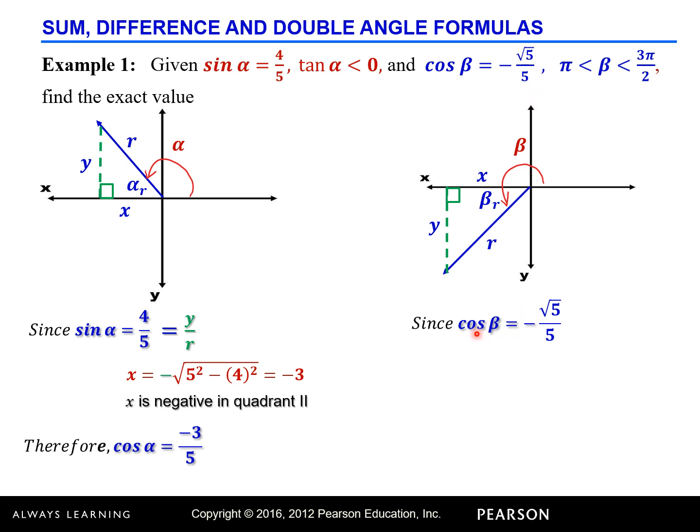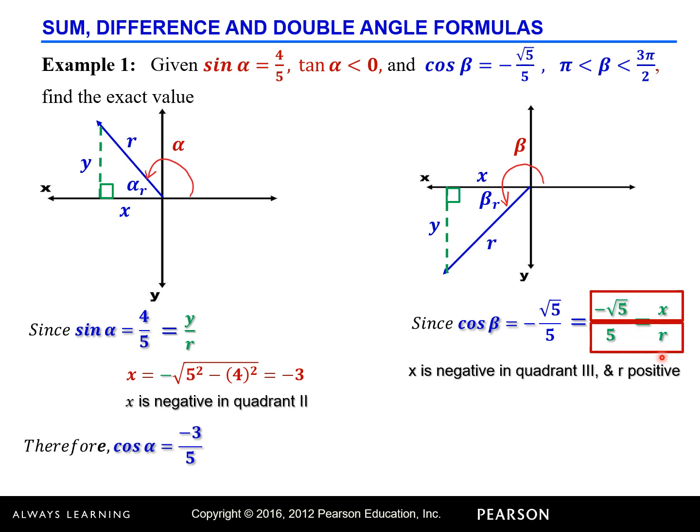By the definition, cosine beta is x over r. So I have to put the negative in the numerator because this represents x, since r should always be positive. This negative cannot be in the denominator because the denominator is the r value. So x is equal to negative root of 5 and r is equal to 5.